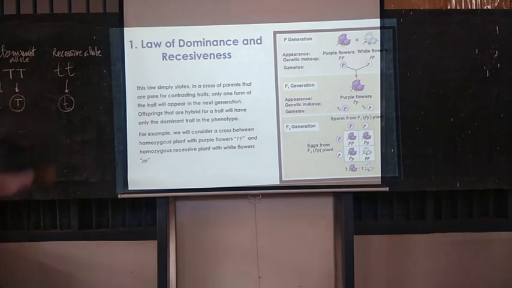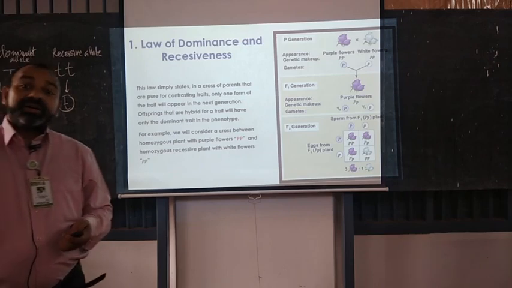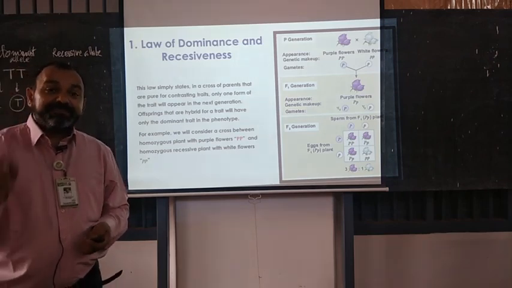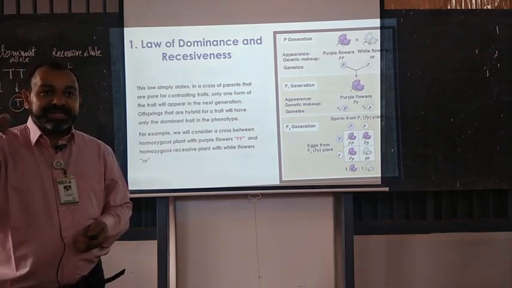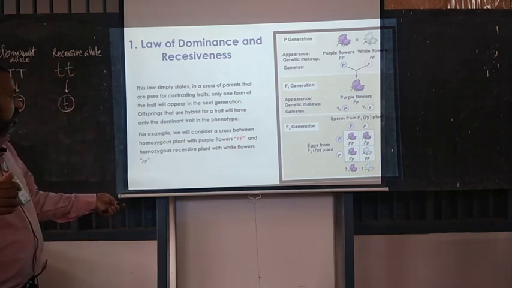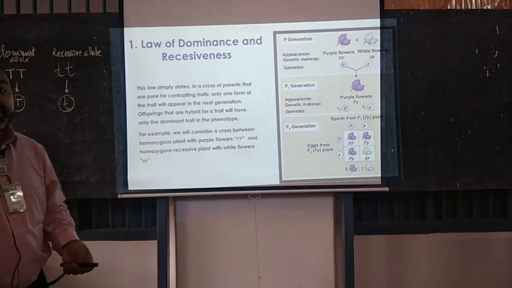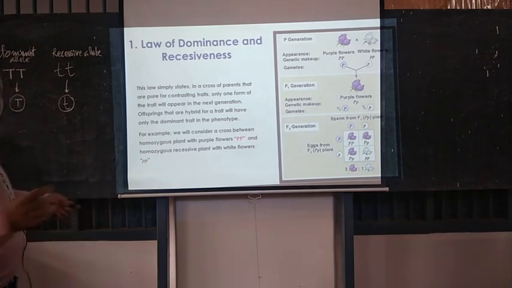Here also it will undergo meiosis, whereby it will produce a single type of gamete: capital T in the case of the homozygous parent with dominant alleles, and small t for the parent with recessive alleles.